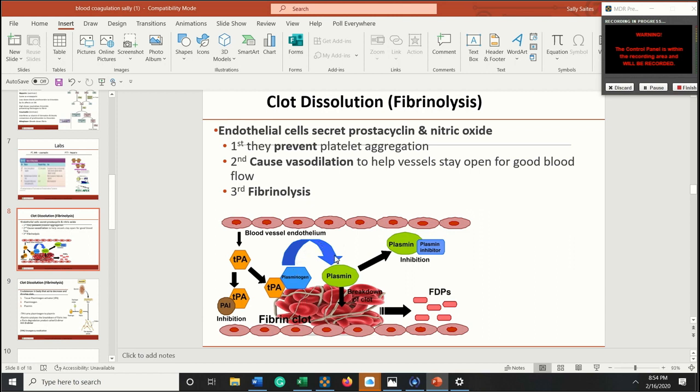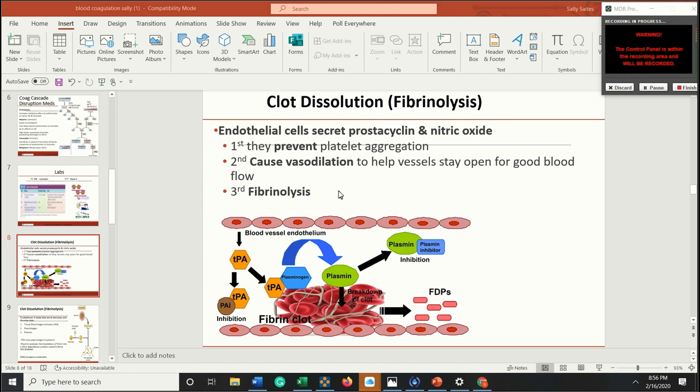The plasminogen turns into plasmin, and the plasmin breaks down the clot. Okay. What I was talking about before, see these little webs in here? That's what I was talking about as far as fibrin is concerned. Okay, so the plasmin is going to break down the clot.